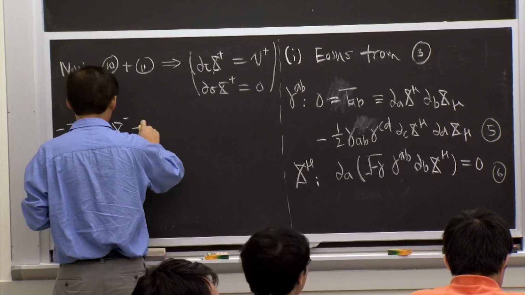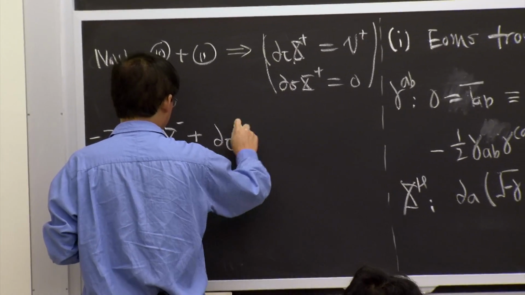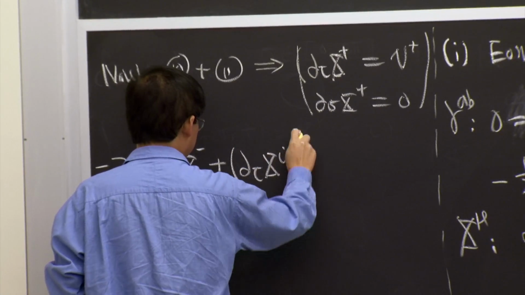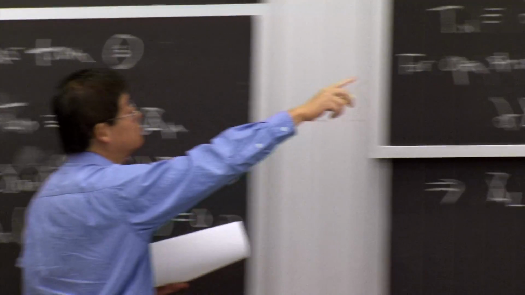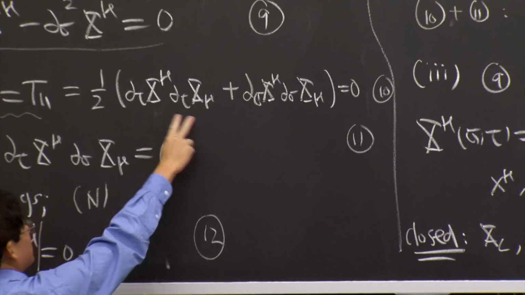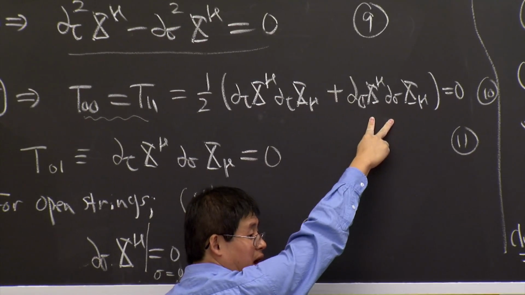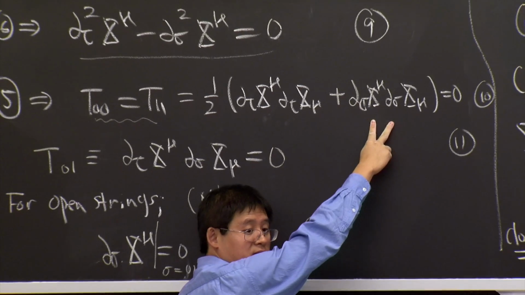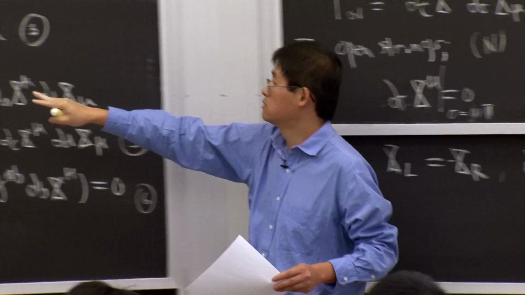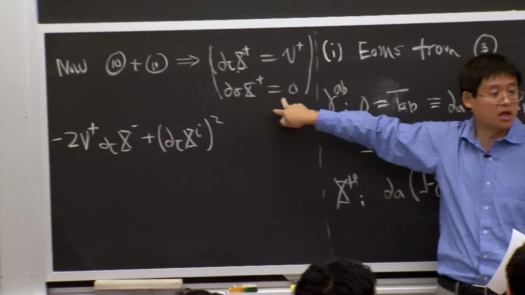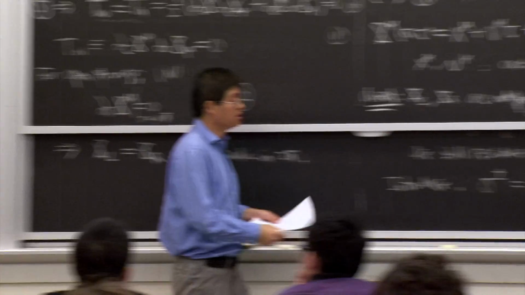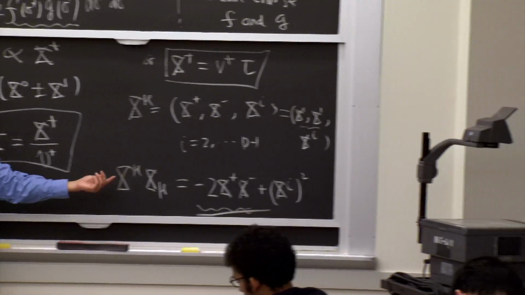Then plus partial tau xi square. This is for the first term. And the second term, the x plus and the x minus part is 0 because of this, and because of the off-diagonal structure here.